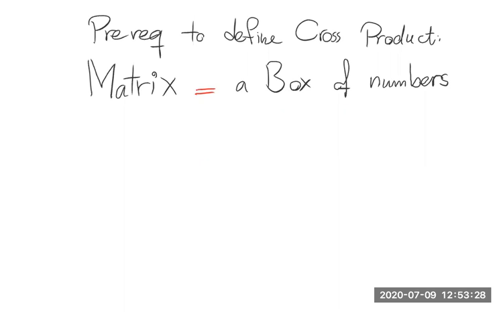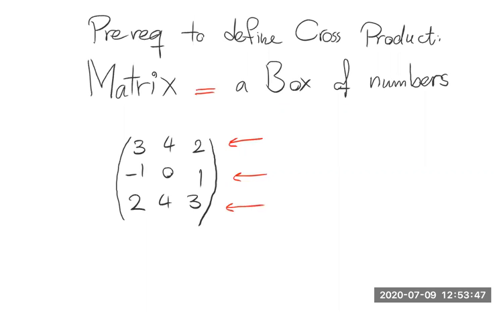It means, for example, something like this, a table of numbers: 3, 4, 2, -1, 0, 1, 2, 4, 3. This matrix has 3 rows.